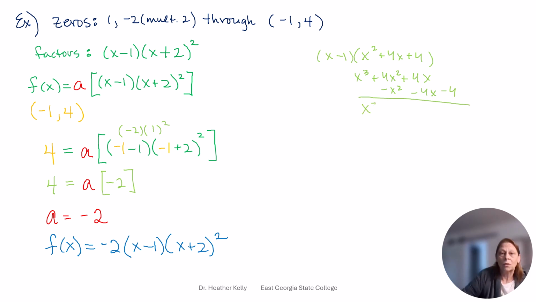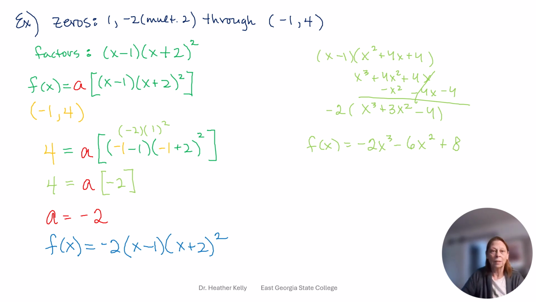And we have x cubed plus 3x squared. These guys cancel, minus 4. And then we have all that times a negative 2. So f of x is equal to negative 2x cubed minus 6x squared plus 8.